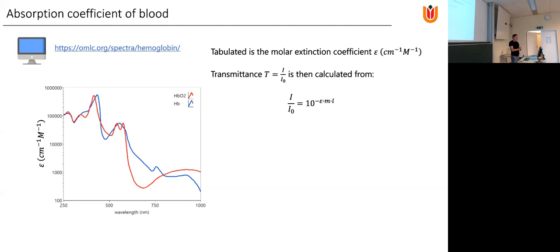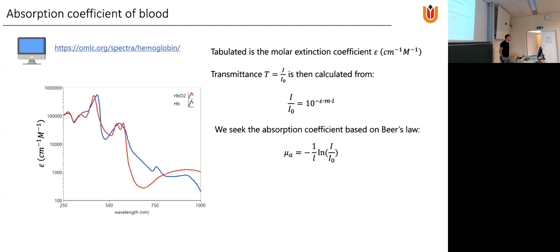It is kind of a Lambert-Beer law, but with a power of 10, not an exponential. So this would be what you would measure in an experiment based on this data. But we, of course, seek an absorption coefficient based on Beer's law.